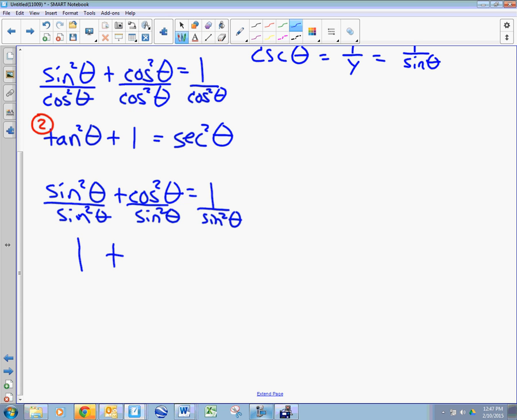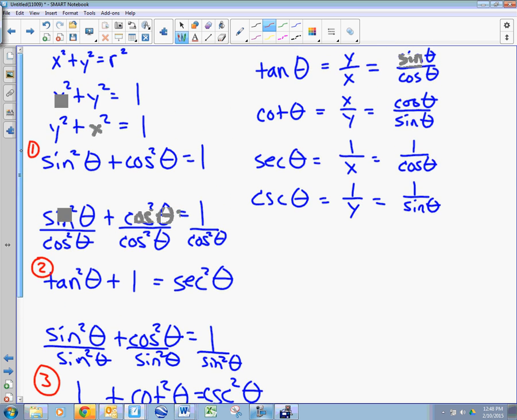What's cosine squared divided by sine squared? 1 divided by sine squared? You could. Tangent squared is sine squared over cosine squared. Tangent to the third is sine to the third over cosine to the third. These are numbers 4, 5, 6, and 7 that are extremely important as well.